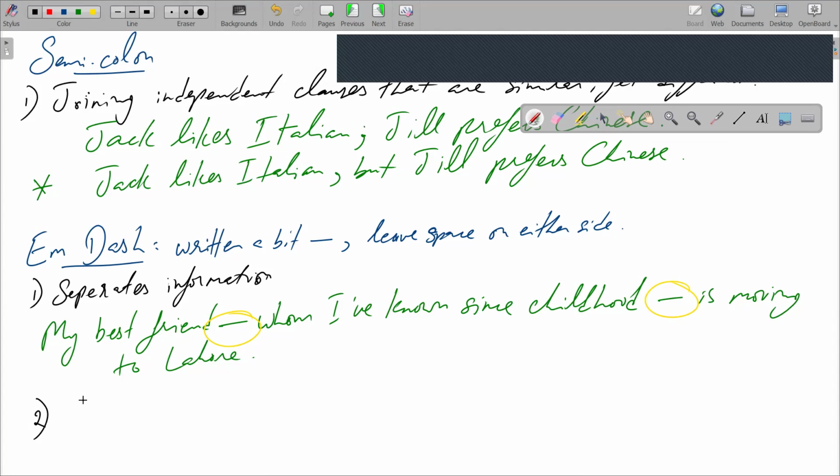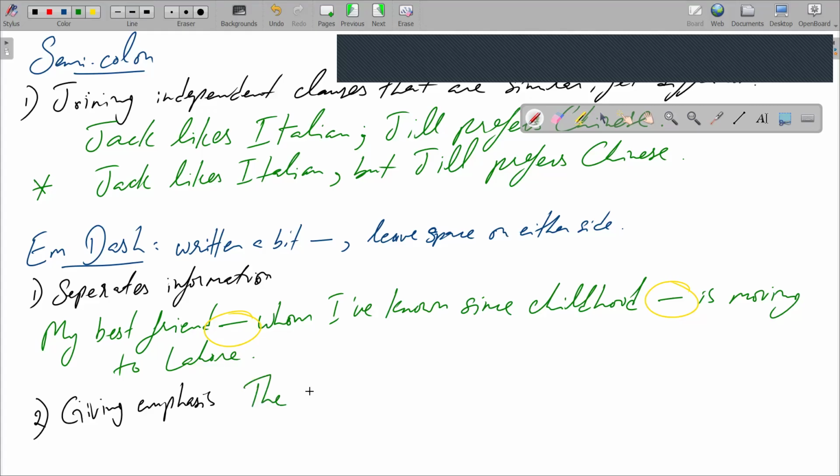For example, right, we have over here giving emphasis. That's something you did for the colon. But in the example I'm going to show you, the colon won't work as well, or it won't work at all, actually.